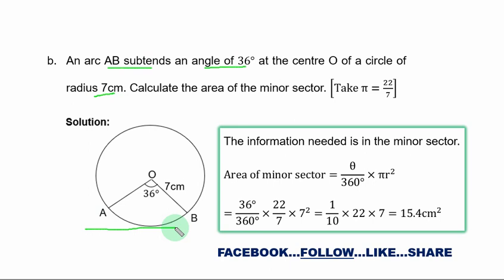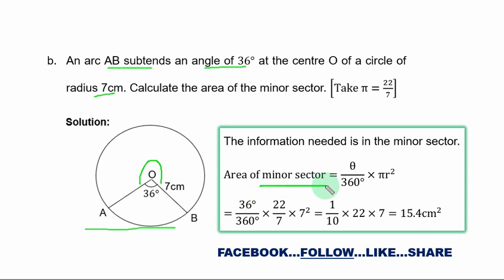The angle is precisely in the minor sector, so no other operation is needed. But assuming you are asked to get the area of the major sector, you need to subtract the given angle that is in the minor sector from 360 degrees. But since we have it in the minor sector, we work with it the way it is.